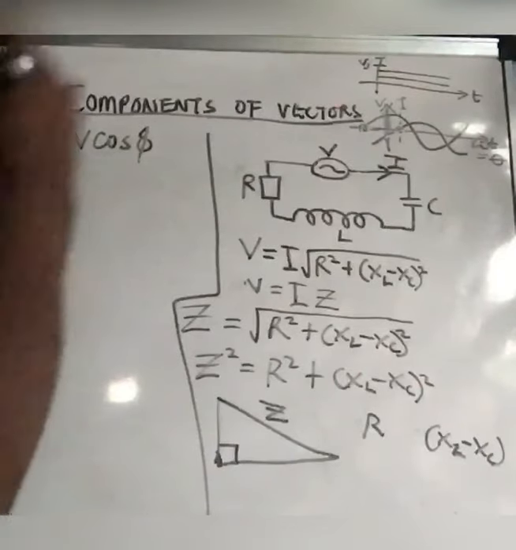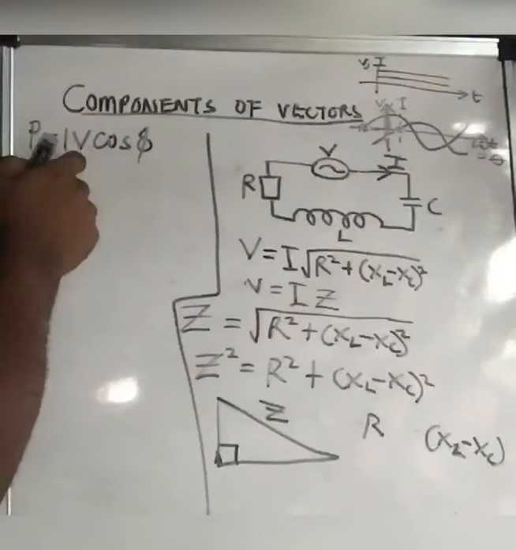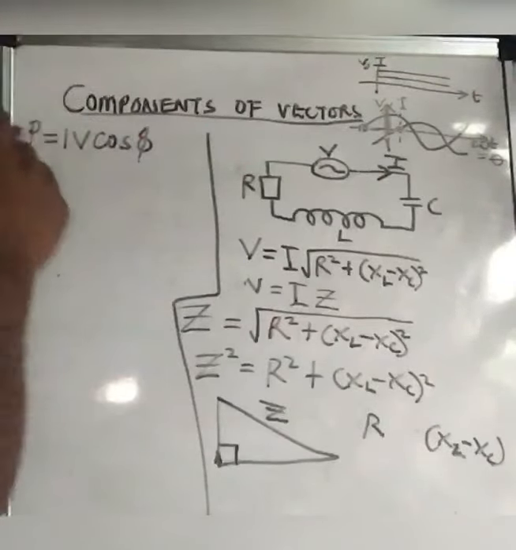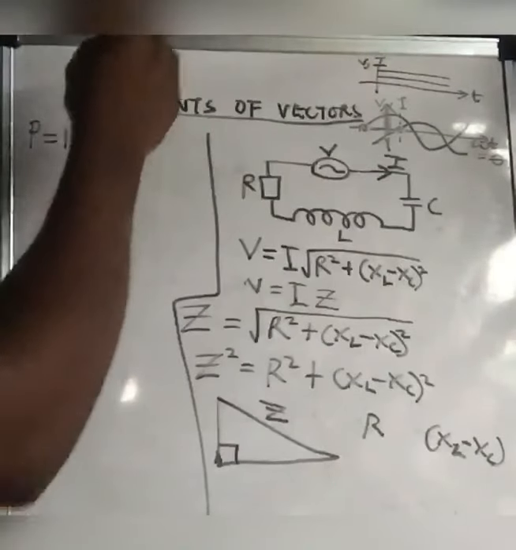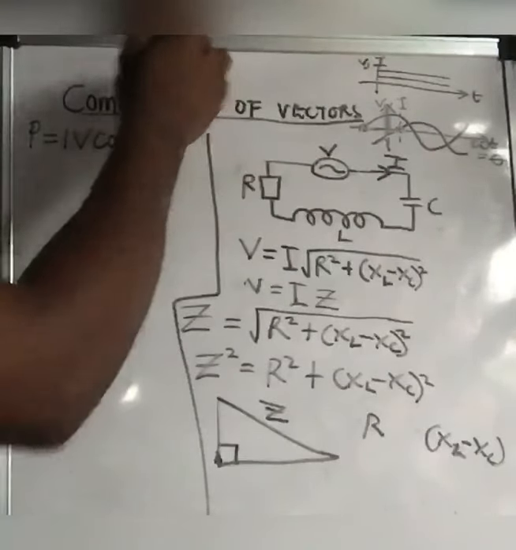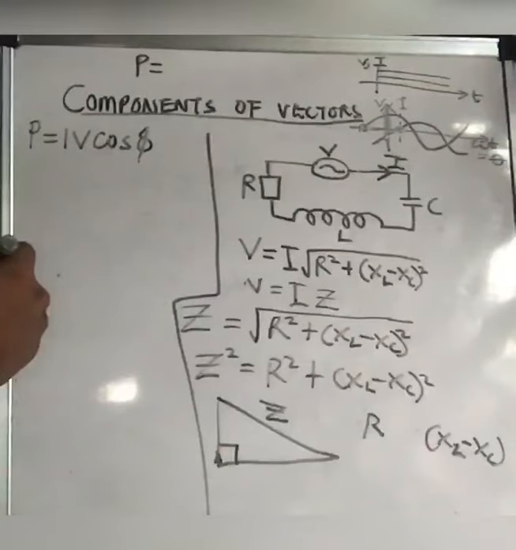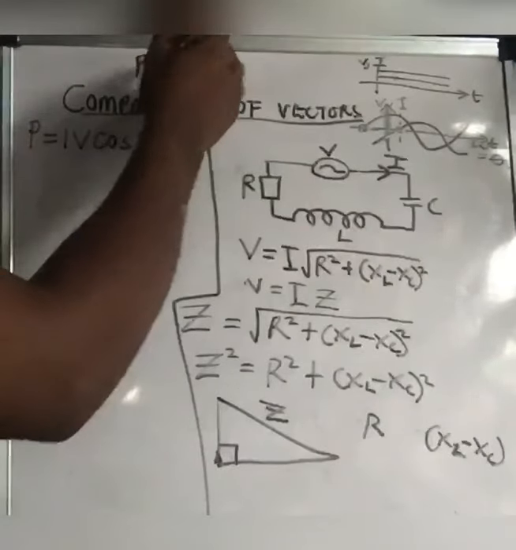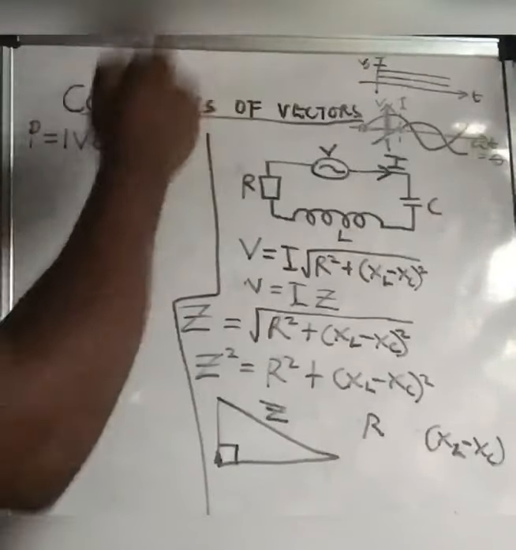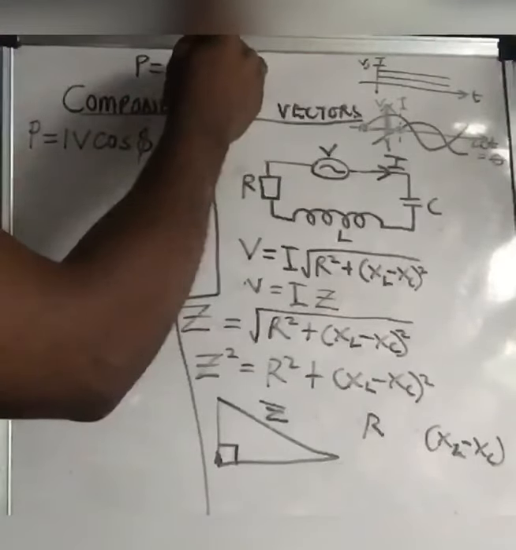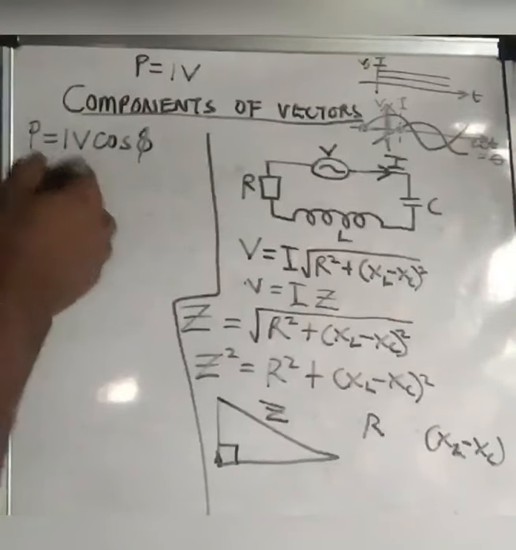Now if you compare this to the direct current situation, the power consumed is equal to the current times the voltage.